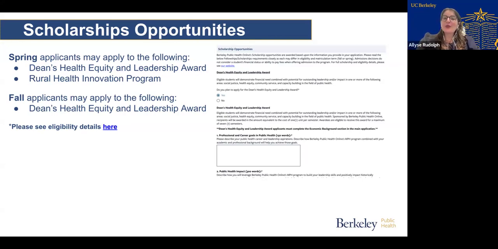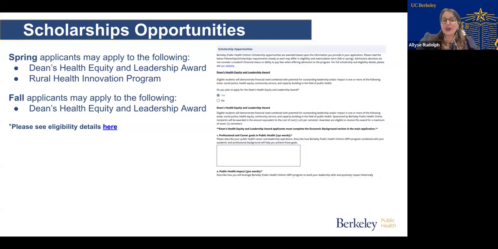At that time, we offer what's called the Rural Health Innovation Scholarship, and that is a fully funded scholarship opportunity for folks who both live and work in HRSA designated rural communities. So that's just for folks living and working in rural communities on public health issues.